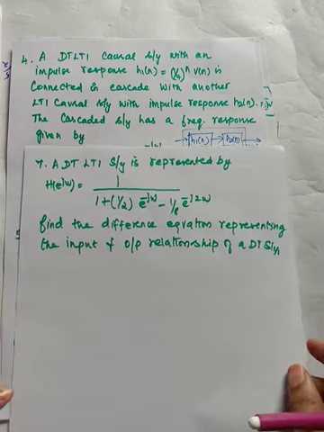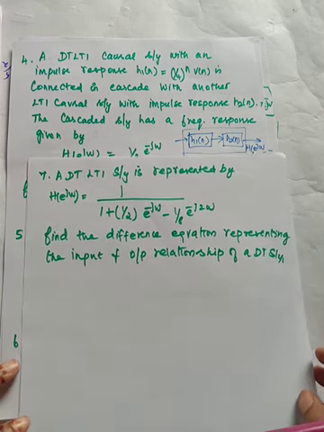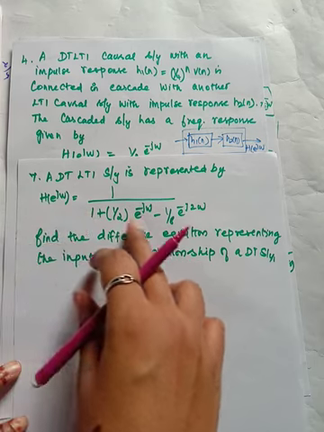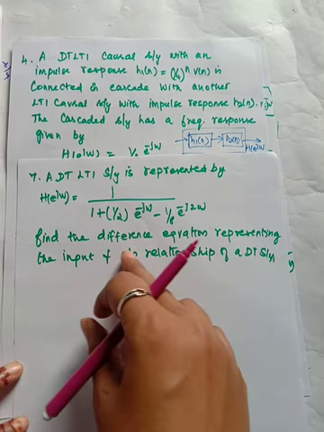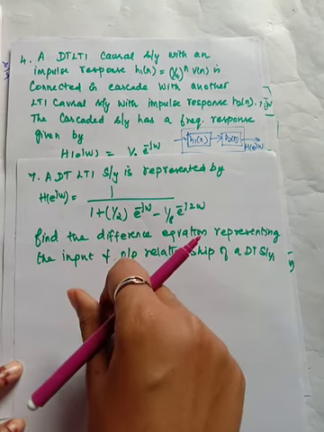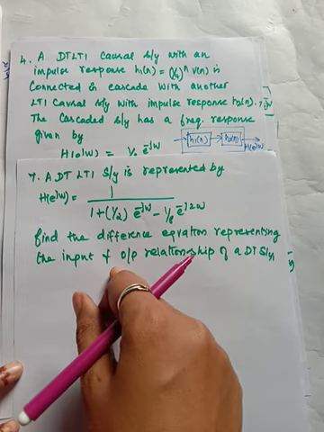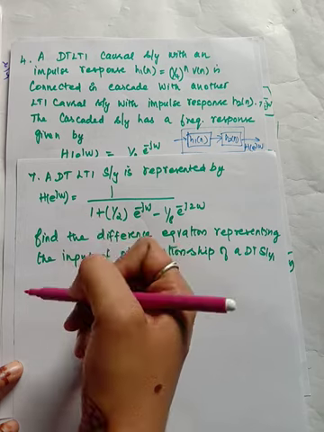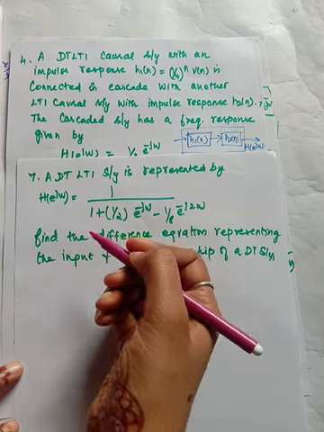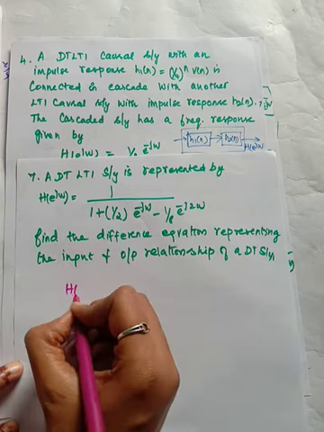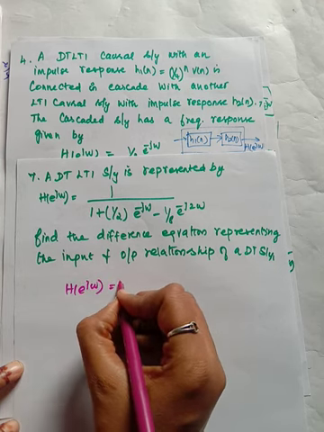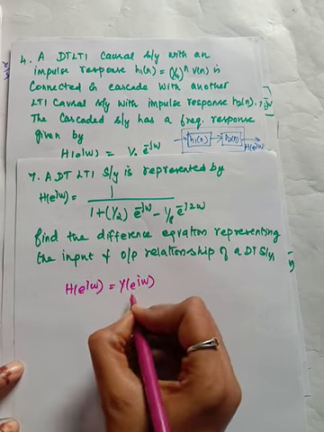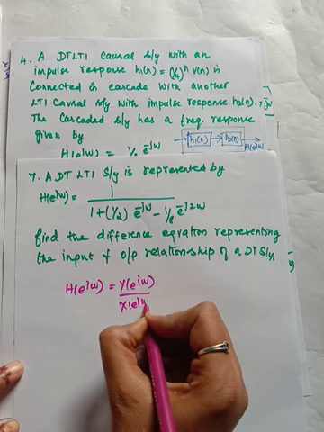The next problem is: a discrete LTI system is represented by H(e^jω). Find the difference equation. This problem we have done for the continuous time LTI system. What you need to do is the reverse process. You find H(e^jω), which is equal to Y(e^jω) divided by X(e^jω).